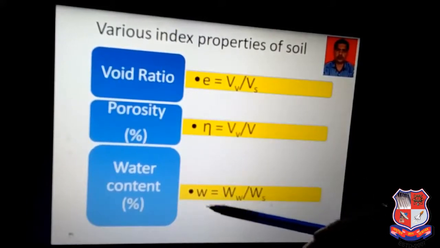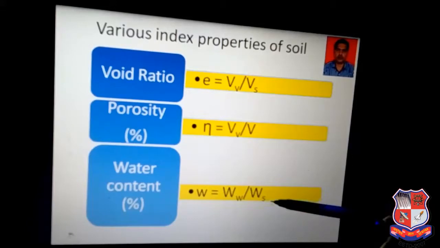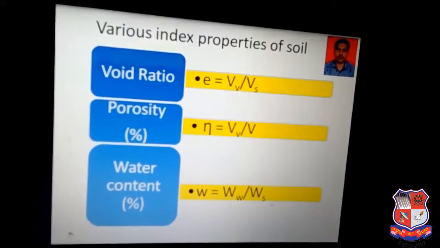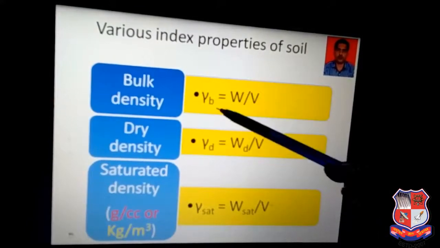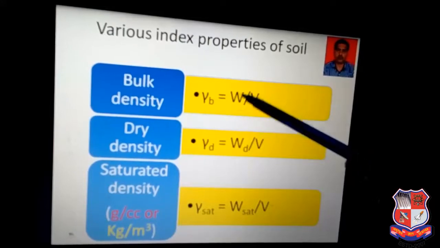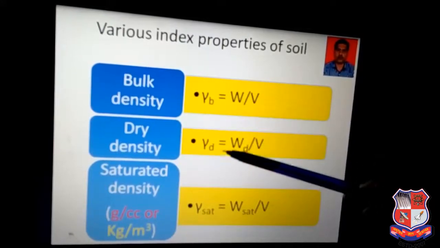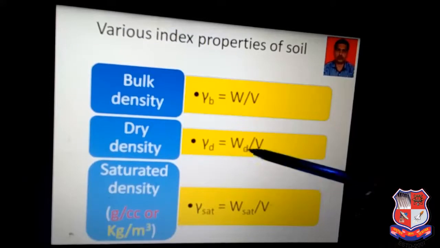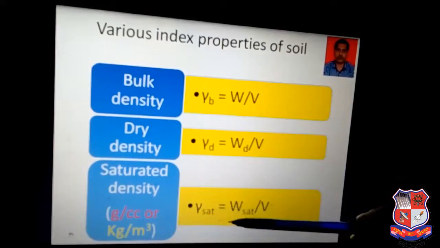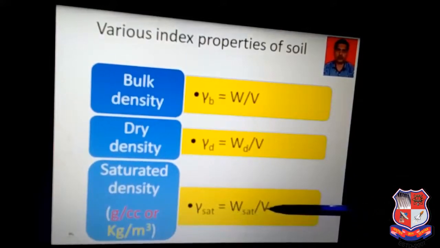Water content, small w, ratio of weight of water and weight of solids. Then comes the bulk density gamma b, ratio of total weight divided by total volume. Dry density gamma d, ratio of dry weight of soil divided by total volume. And saturated density gamma sat, a ratio of W saturated divided by total volume.